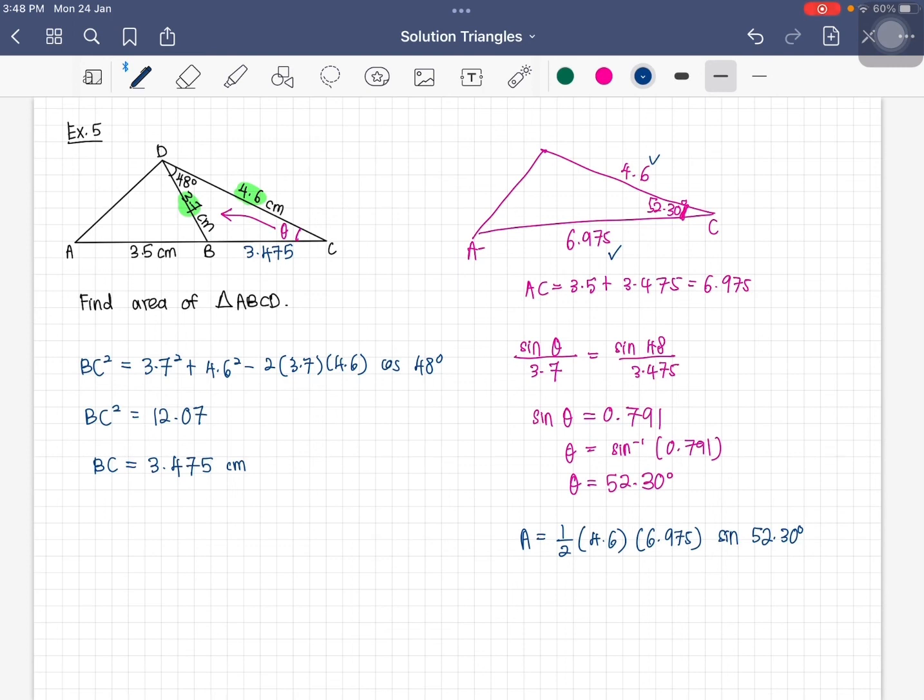So 4.6 divided by 2, multiplied by 6.975 multiplied by sine of 52.3, I've got the area, which is actually 12.69 centimeter square. So we are done with finding this area.